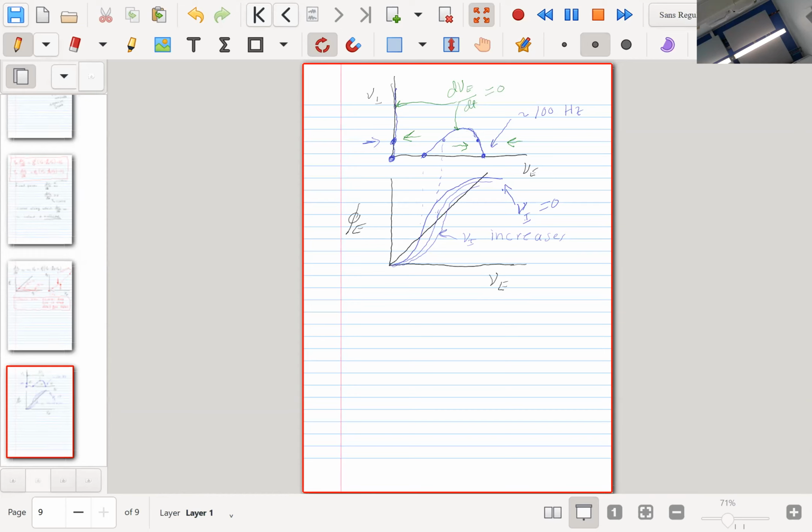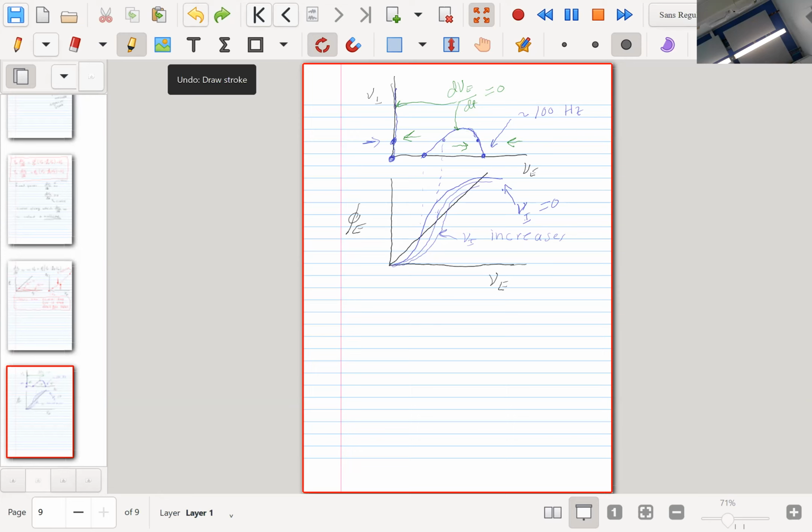If you go way out here, nu E is really big, it's going to be negative. As nu E goes to infinity, on this side of the curve, everything is negative.